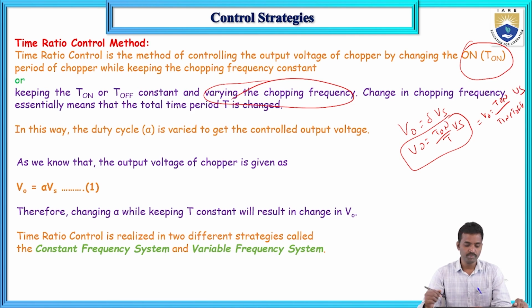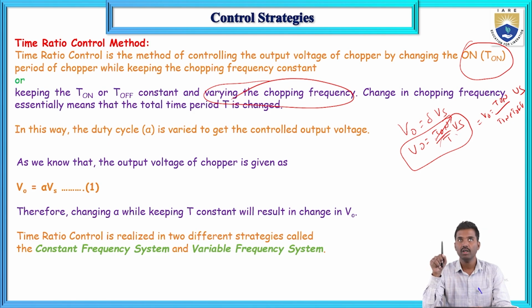Now from this equation, we can change T on, or keep the period of the chopper constant. One should be constant and the other variable.